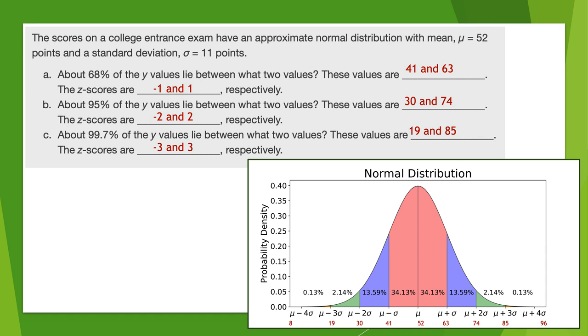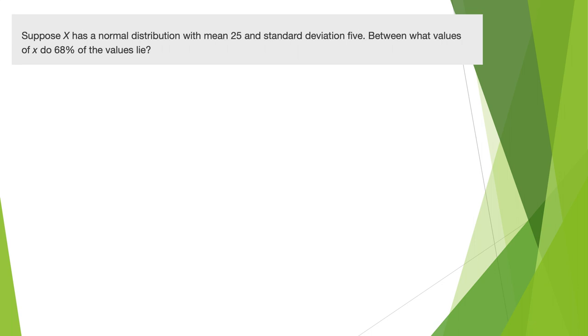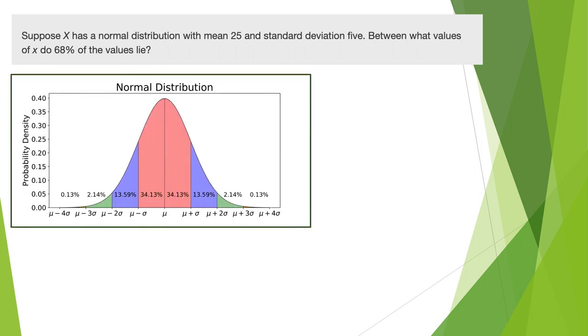Okay? Let's tackle one more question here. Okay, it says it has a normal distribution with a mean of 25 and a standard deviation of 5. So 25 is my mean. I put that in the middle of the graph.